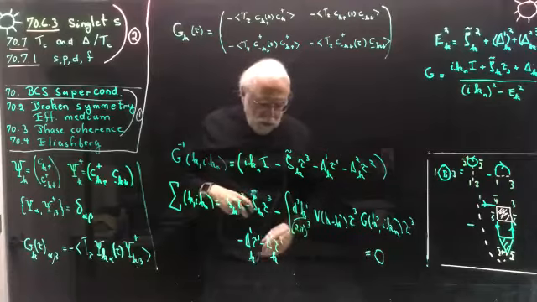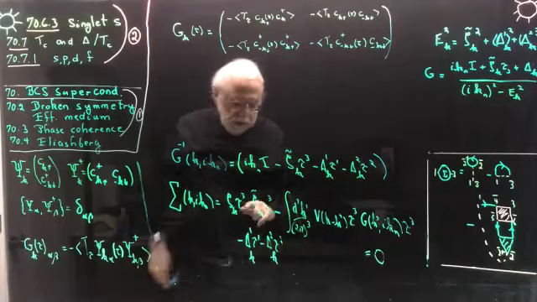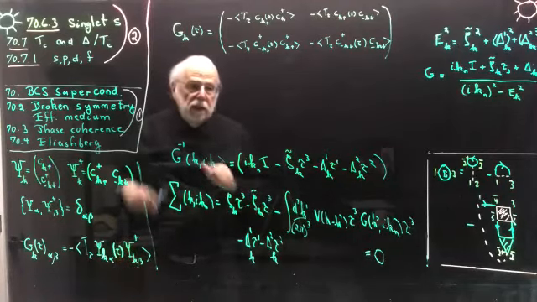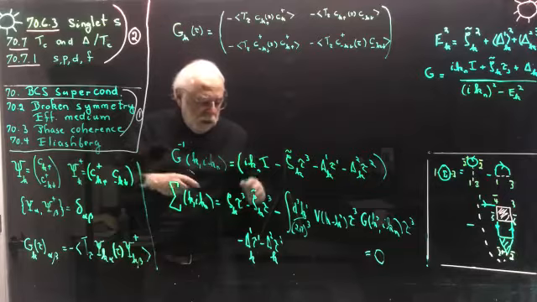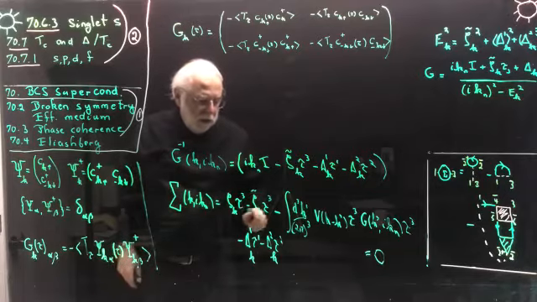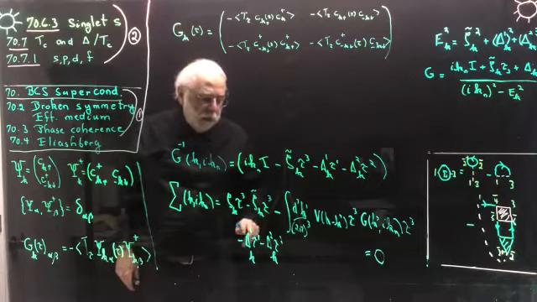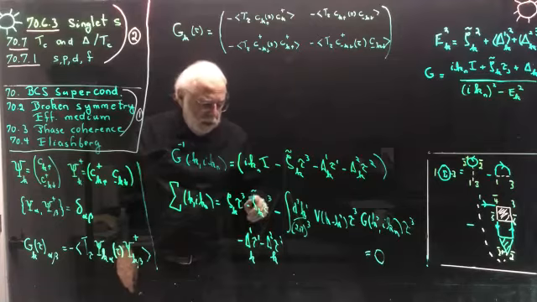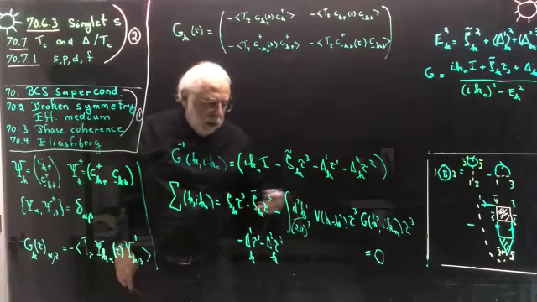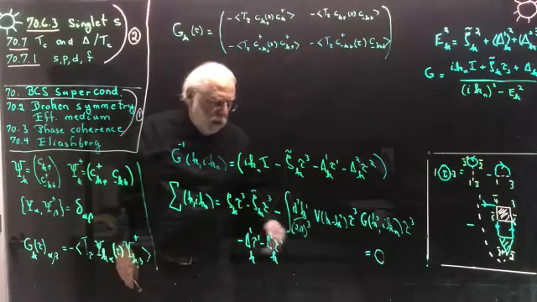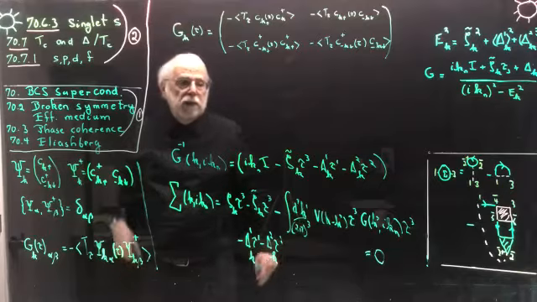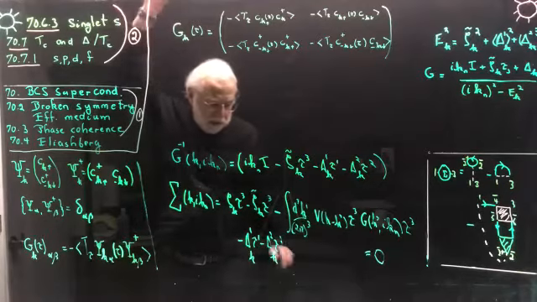So this is 0. Let's look at the off-diagonal component. The Pauli matrices are an orthogonal set of a basis for the 2x2 matrices, right? So the coefficients of tau 3 have to be equal, and the coefficients of tau 1 have to be equal, and the coefficients of tau 2 have to be equal.